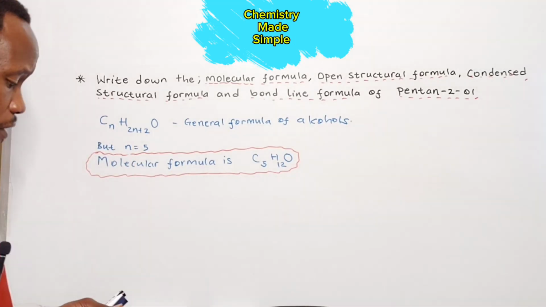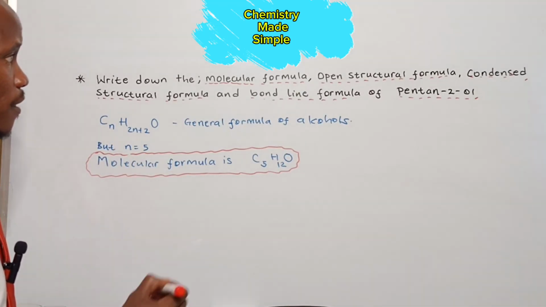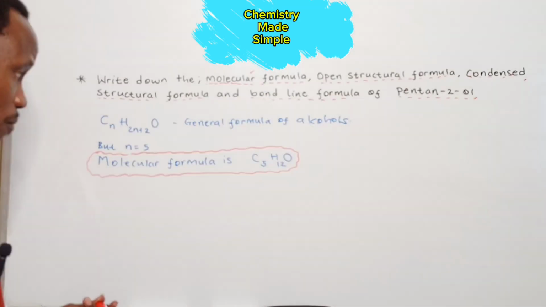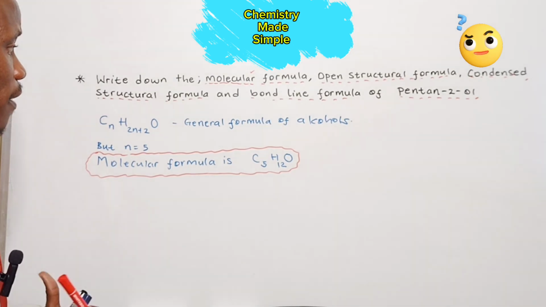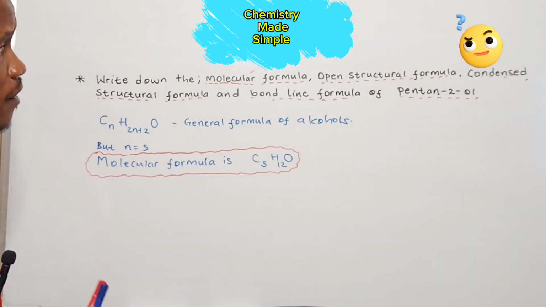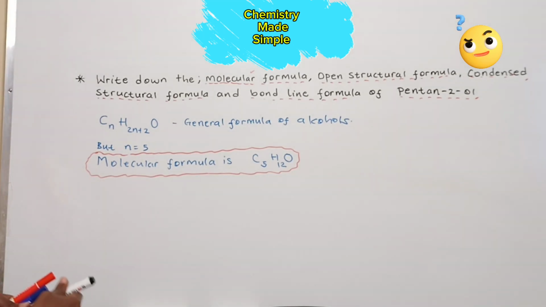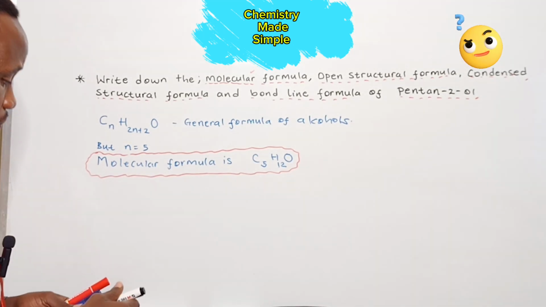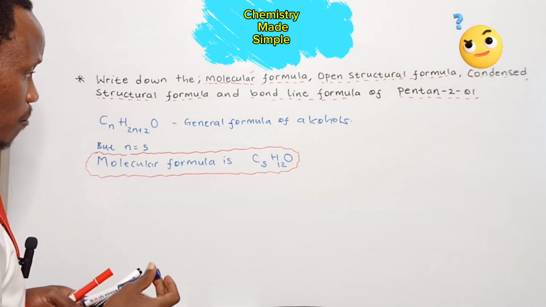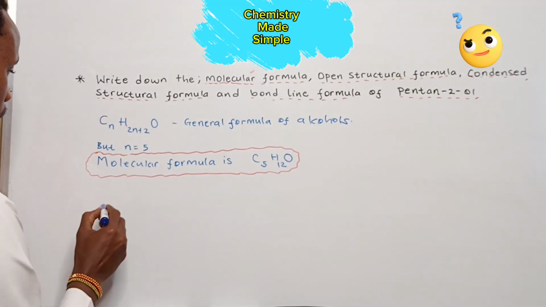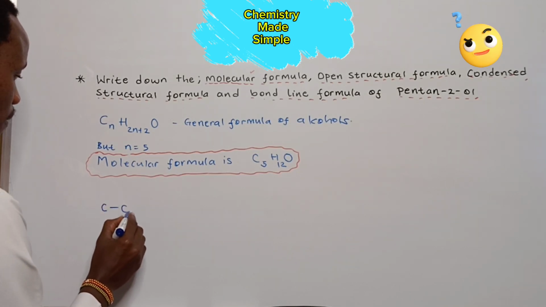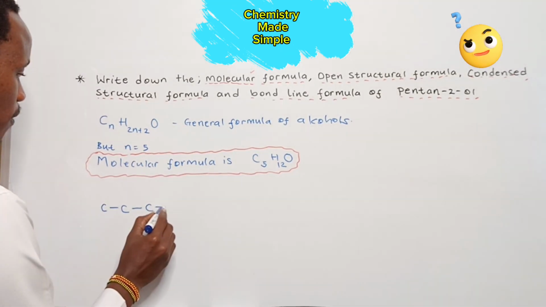Now, basing on our molecular formula, which has already been obtained, we can write the open structure formula. When you are writing the open structure formula, we always base on the name of the compound. First and foremost, we must have 5 carbon atoms. Why 5?